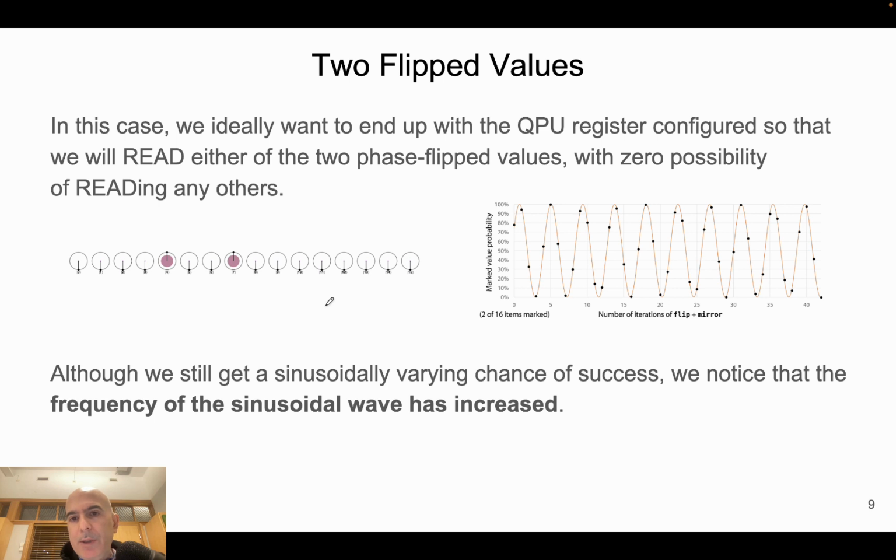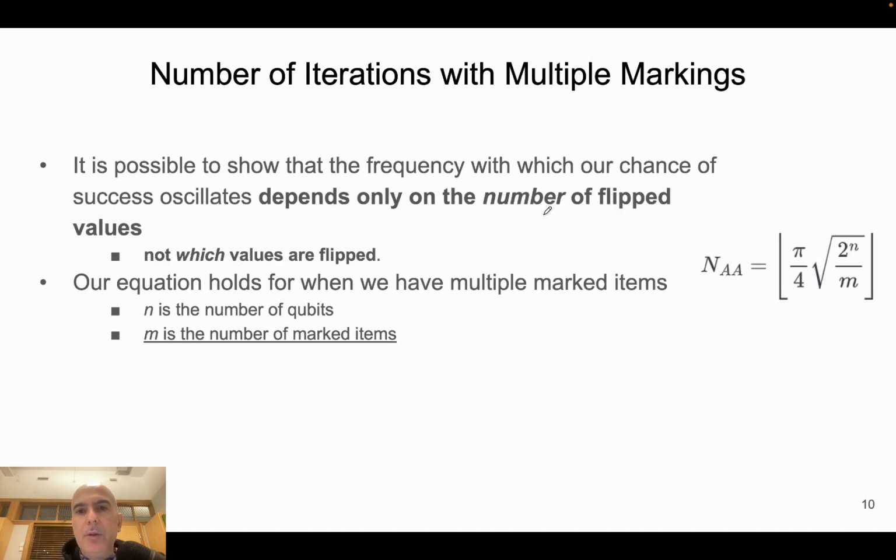If we do the same technique and we apply different numbers of amplitude amplification iterations, we see that although we still get a sinusoidally varying chance of success, the frequency of these sinusoidal waves has increased, right? So this wavelength is actually shorter. We can do a very similar technique to the one we applied before.